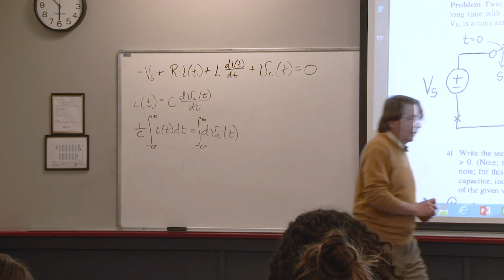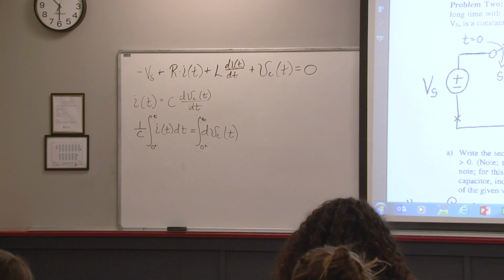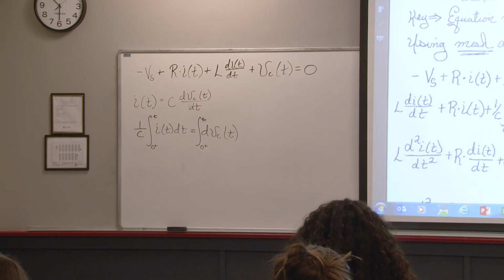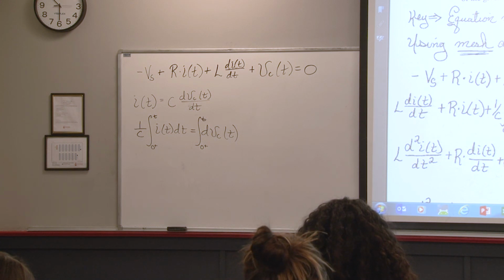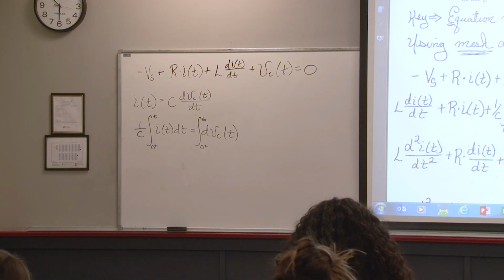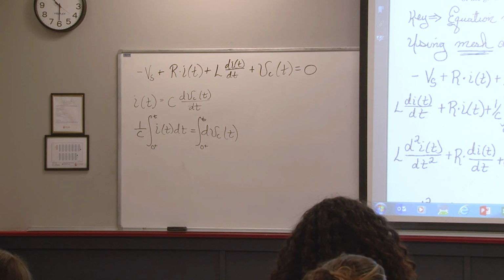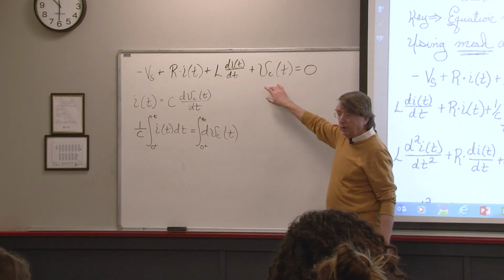I get this right here. We did this morning in our class. V sub C of t is all of this. What do I now do? I take V sub C of t and I plug that into here. Okay?